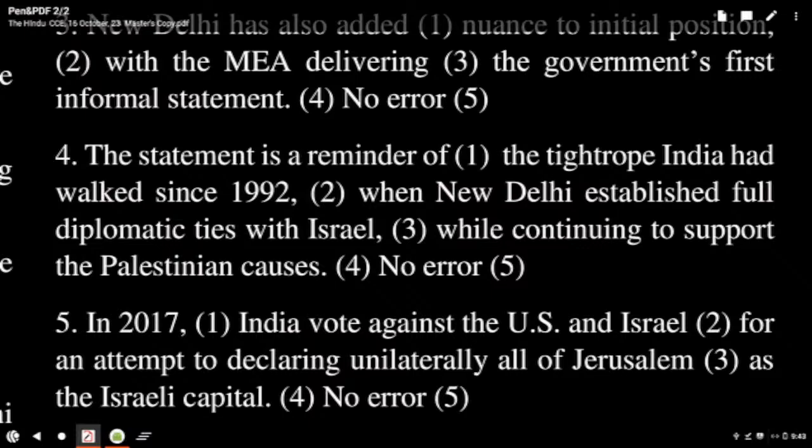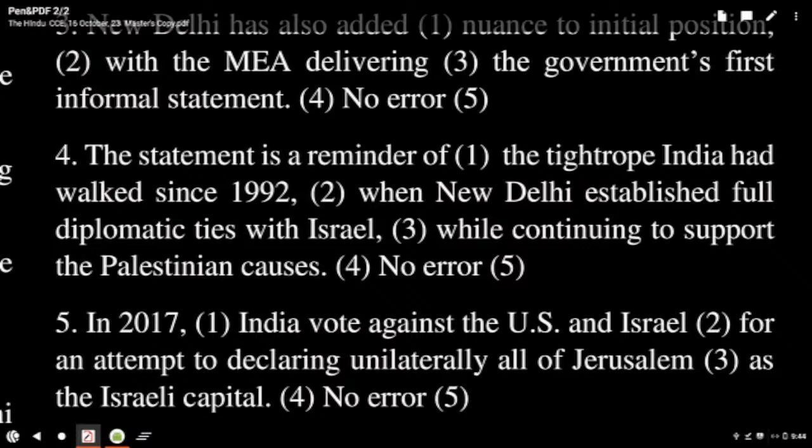How many of you say there is an error in the first part? The statement is a reminder of, nothing wrong with that. No, is a reminder. Look at all the 4 parts. If you see 2 parts, that means this part is right, obviously. You have to look at it that way.